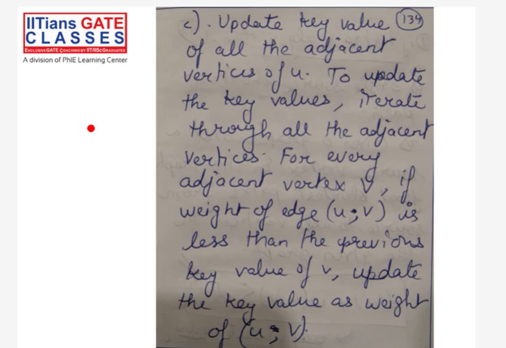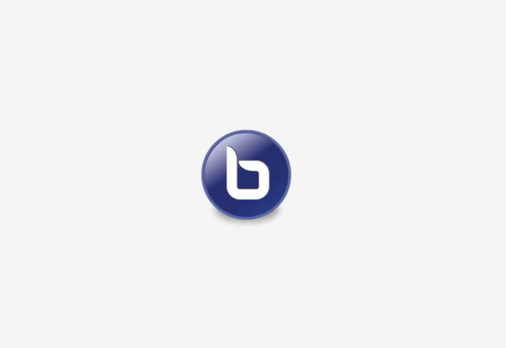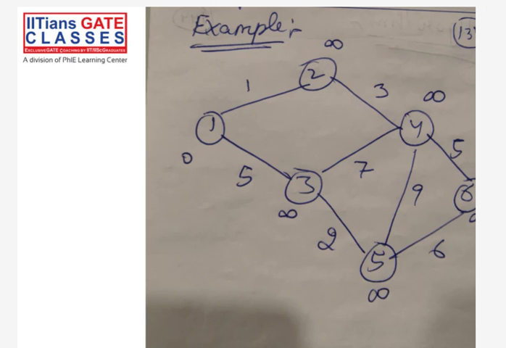If the weight of the edge u, v is less than the previous key value, then update the key value to the new weight. Otherwise you leave it as it is. This is what we saw in the algorithm. Correct? Everyone clear on this?